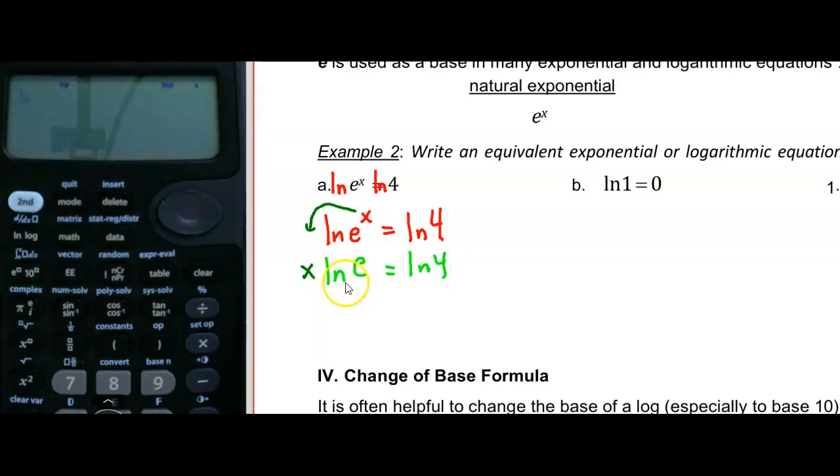And since this natural log has base e, remember if these two numbers are the same, it just equals 1. So I get x times 1 equals the natural log of 4. And that would be the logarithm way of looking at this. In the future, you can cut out the middle part and go straight to here, but I'm just showing how it actually works on this first one.